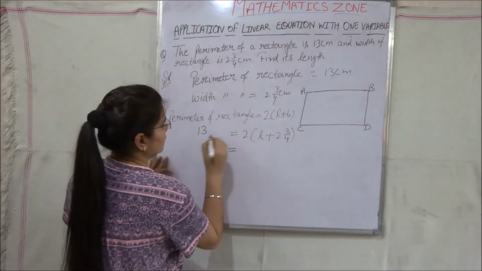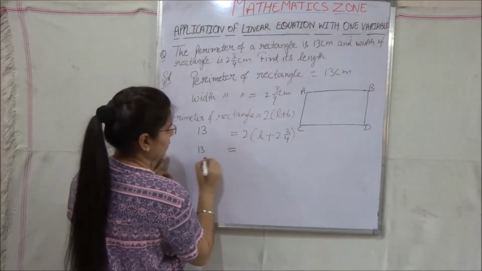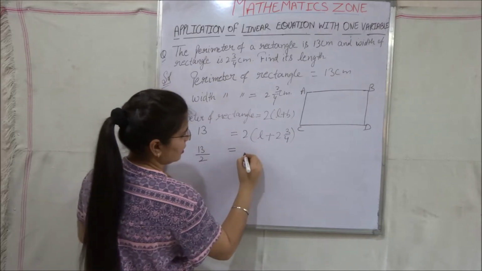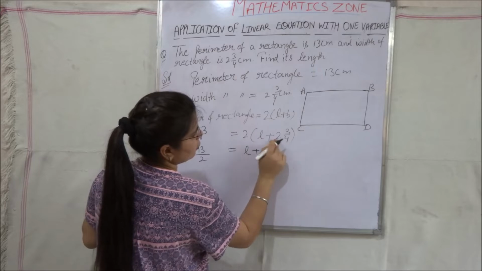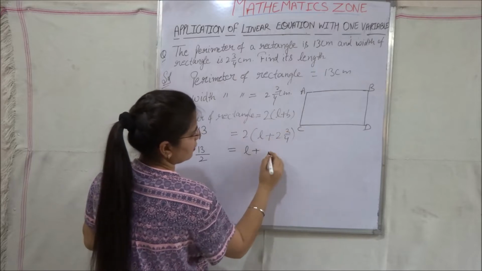So we will take 2 to the right hand side. Now solve it: 4 times 2 is 8, 8 plus 3 is 11.